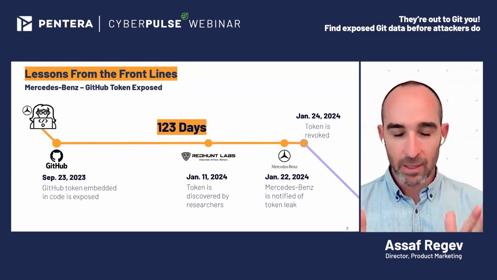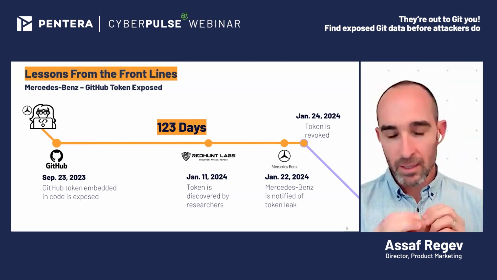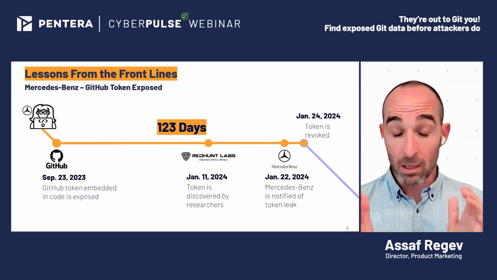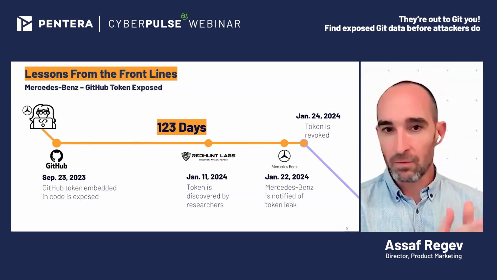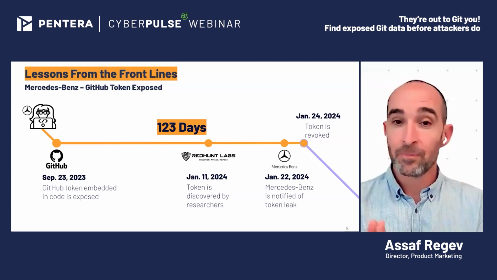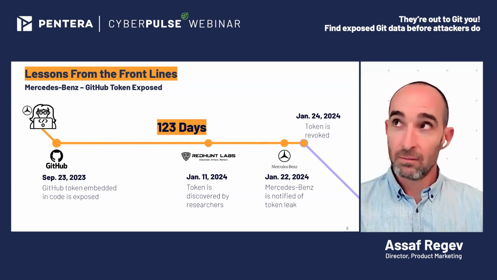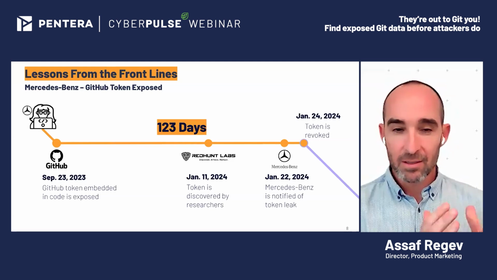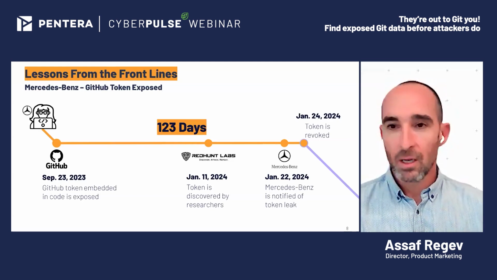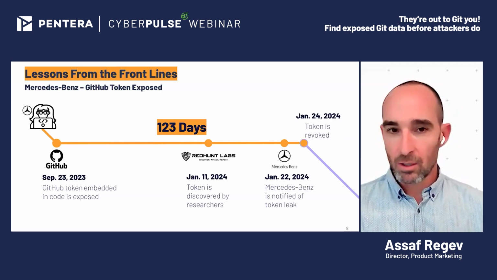Now, think of that number again. It's not 1 day, it's not 2 days, it's not a couple of weeks, it's 123 days. It's a fairly long time, and it started in September of 2023 and ended on January 24th of 2024, if I remember. But again, this wasn't a breach in the traditional sense. No perimeter was broken, no breach occurred, no stolen credentials.